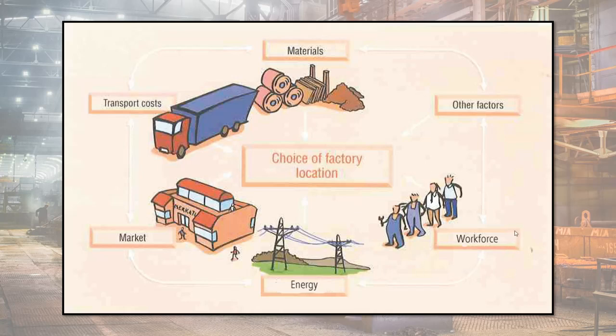Also, they need workforce, so same as the market, this is why industry is usually located next to the big cities, because there is where the workforce is. And then other factors can be proximity to ports, to transport routes, or if they need high-skilled workers, they're going to be next to a university, etc.